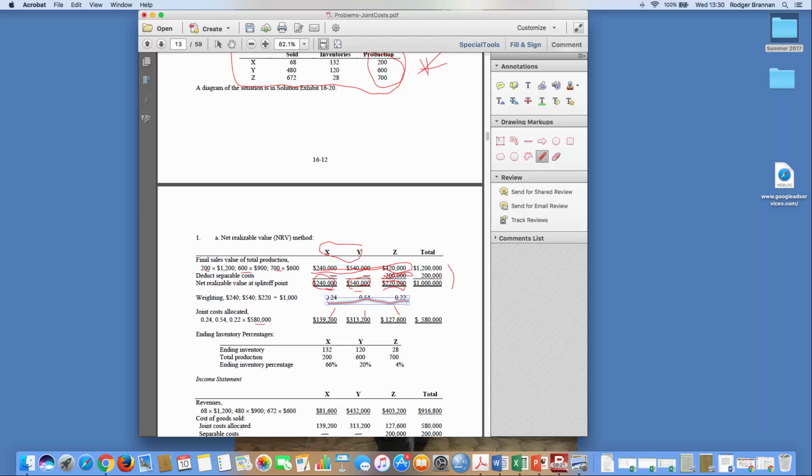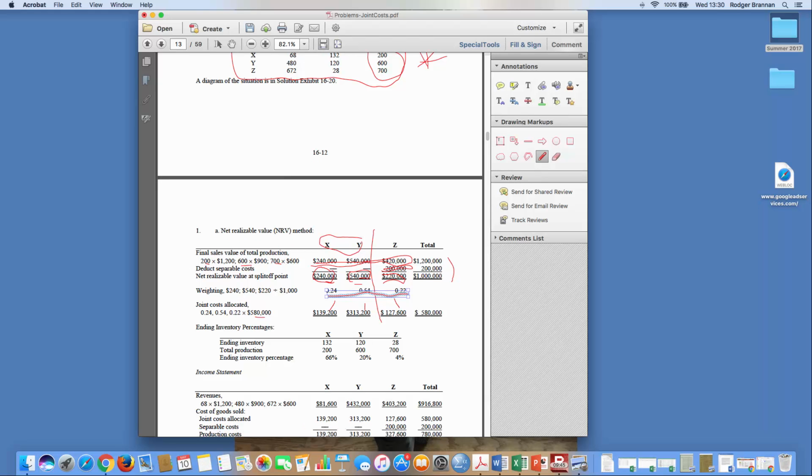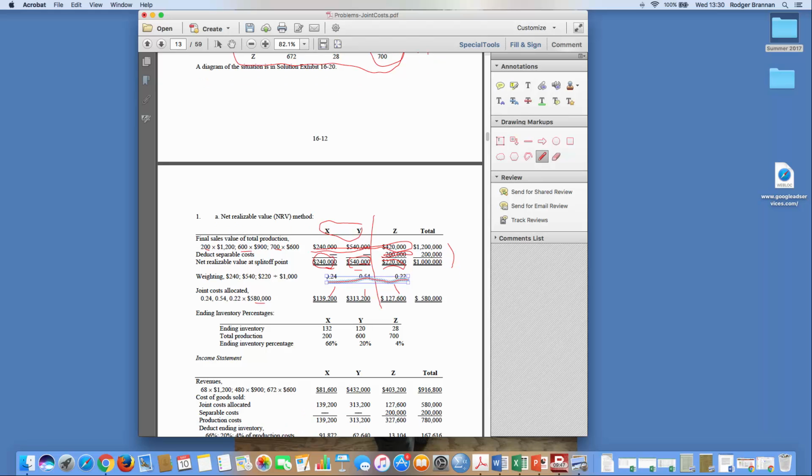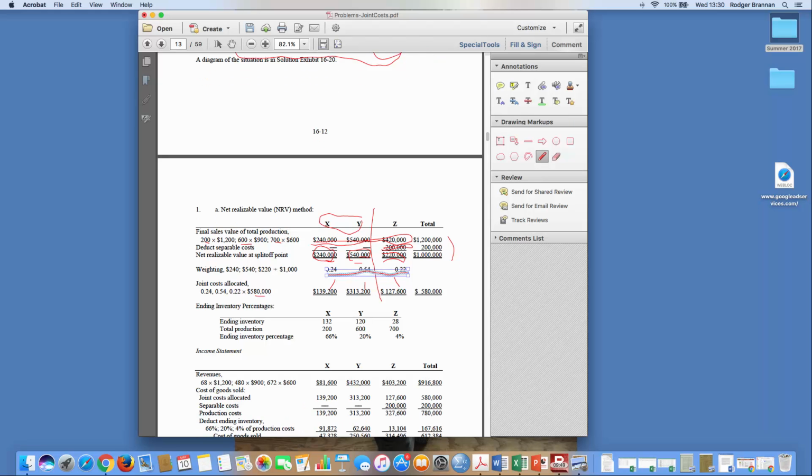I will therefore allocate 139,200 to X, 313,200 to Y, and 127,600 to Z, based solely on their net realizable value. But keep in mind that for X and Y, I'm not going to do anything with them beyond the split-off point. Z is the only one I'm going to process beyond the split-off point.